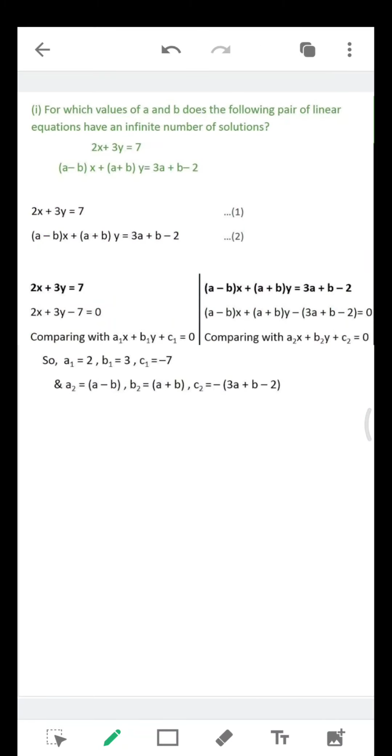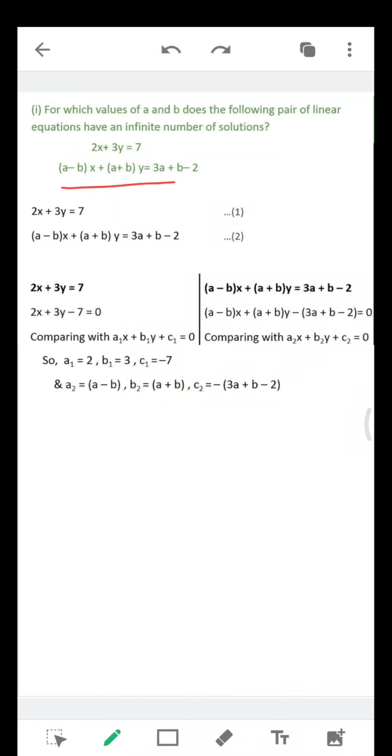In this question he is asking for which values of a and b the following pair of linear equations have an infinite number of solutions. You can see the first equation is complete, in standard form with real values 2, 3 and 7.